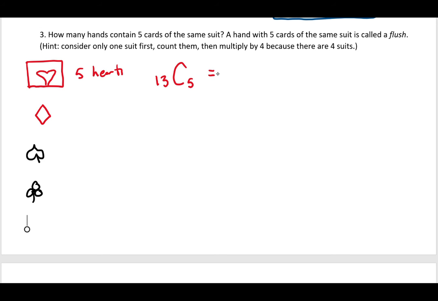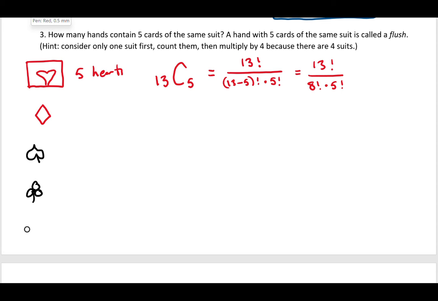So according to that formula, that would be 13 factorial divided by 13 minus 5 factorial multiplied on the bottom by 5 factorial. And 13 minus 5 is 8, so that would be 13 factorial divided by 8 factorial times 5 factorial.